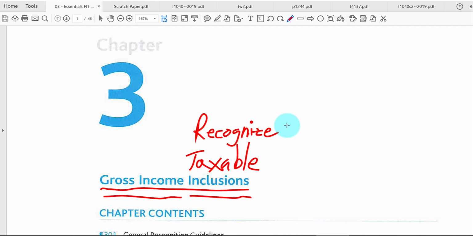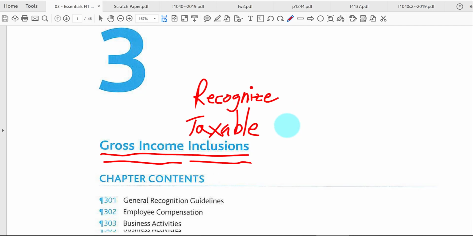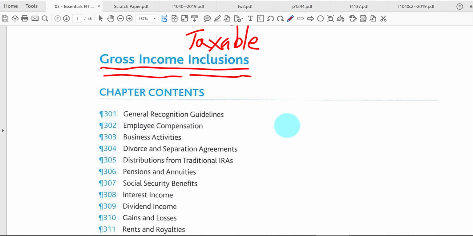There's different types of income, and we're going to see a lot of them here in chapter 3. But business income, capital gains and losses, and rental income are all topics we're going to save for next semester.